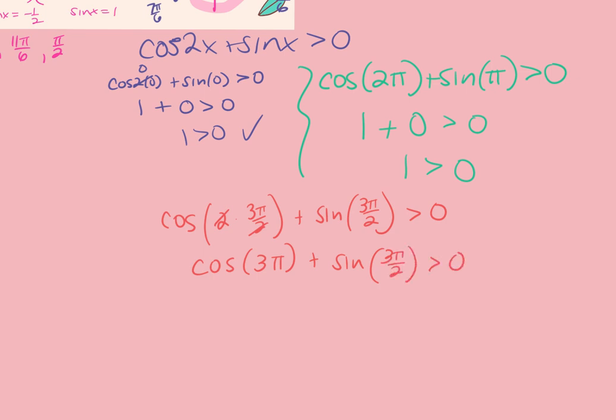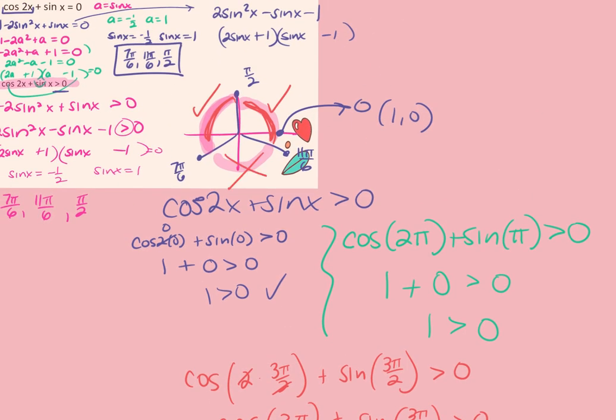On the left. All the odds would be on the left. What's the cosine there? -1. Good. What's the sine at 3 pi over 2? -1. -1 plus -1 is? -2. Is -2 greater than 0? No. So this part of my graph I cannot keep.